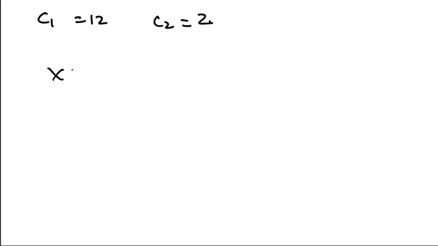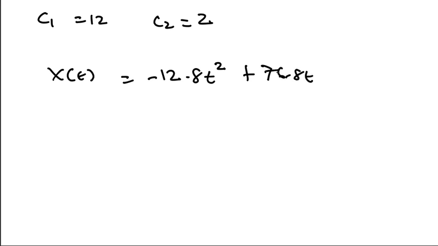So x(t) is equivalent to minus 12.8t squared, plus 76.8t. Show me how you get 76.8t, please. And then plus 2. Alright, so this one is the state variable.